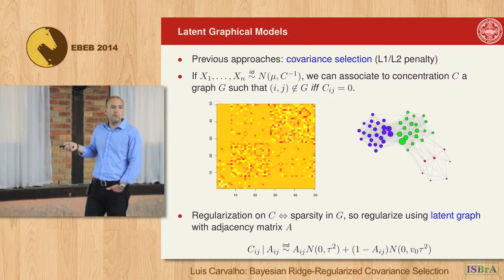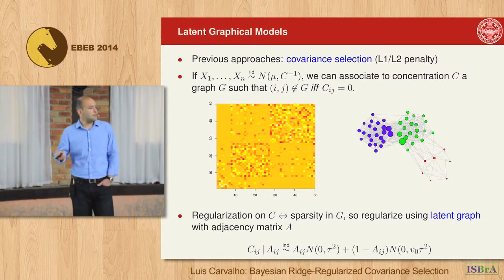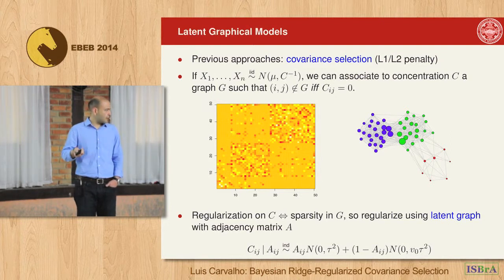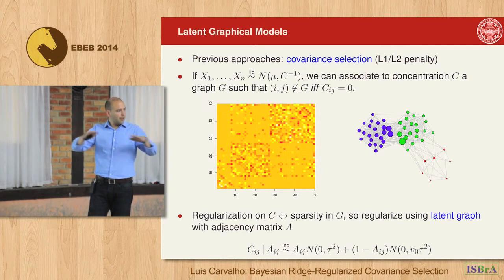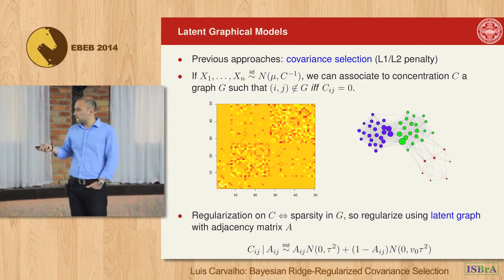We call this the spike and slab prior. It's a very well-known model that we can use to do variable selection. If the edge is there, I sample from a normal with a very long tail, so very high variance. If I don't have an edge, then I sample from a spike, that is a normal with a very small variance. Or if you want strong shrinkage, you can even use a Dirac delta at 0. So, okay, we're going to use this.